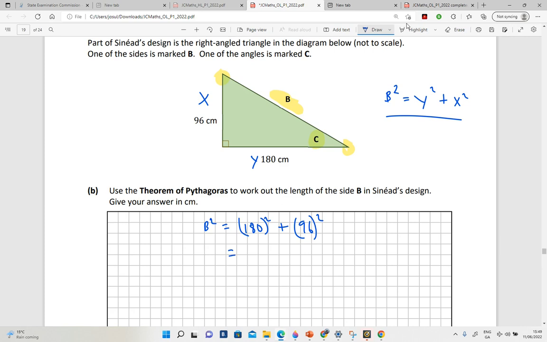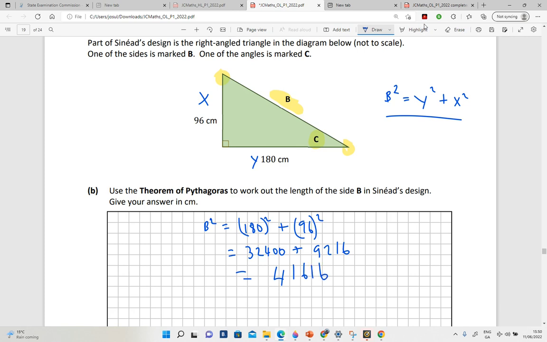Okay, so I'll quickly do that on the calculator. So 180 squared, so that part is 324. And this part is 9216. So adding those together, you get 4161.